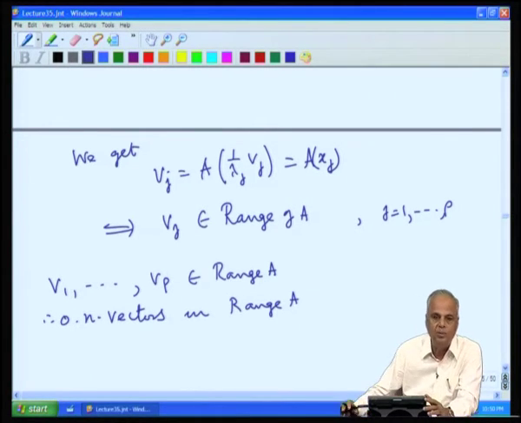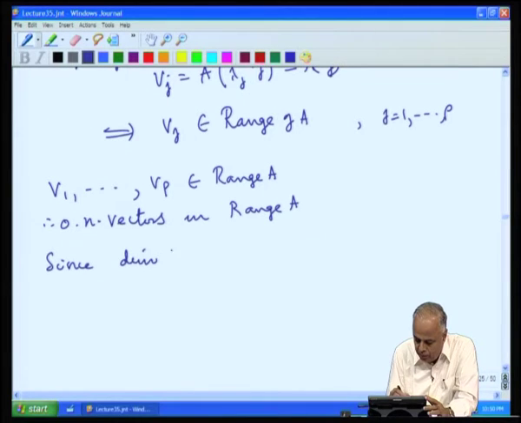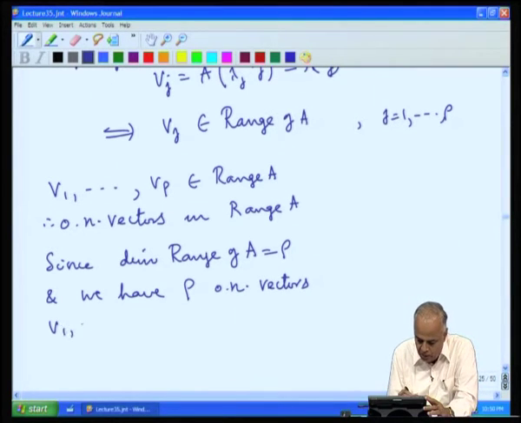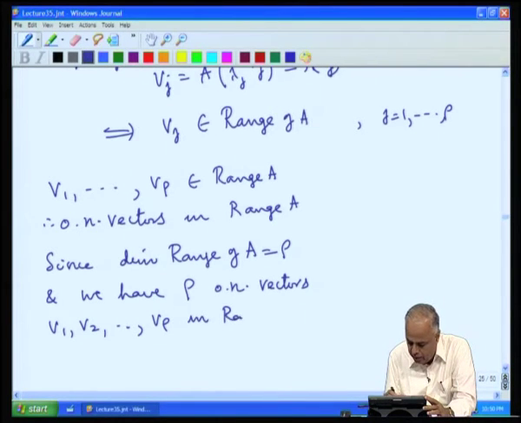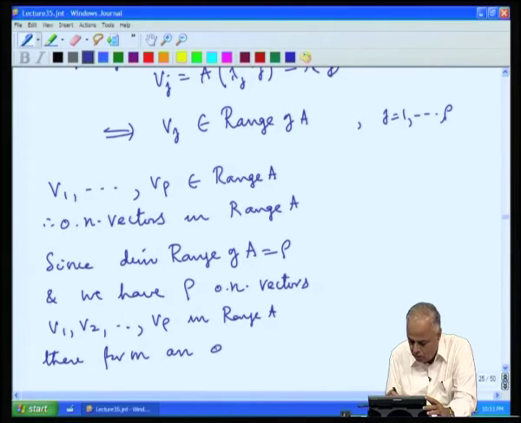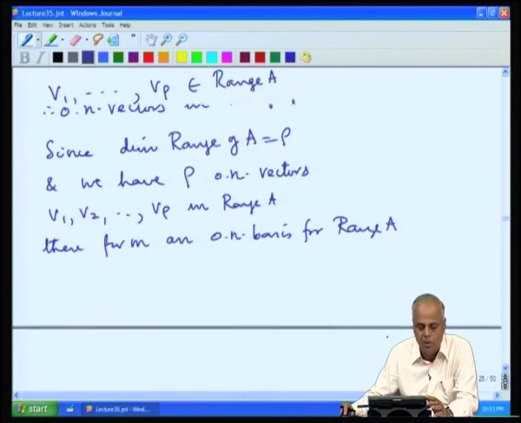Therefore, they form an orthonormal basis for the range of A. So, we get an orthonormal basis for the range of A from the eigenvectors corresponding to the non-zero eigenvalues.